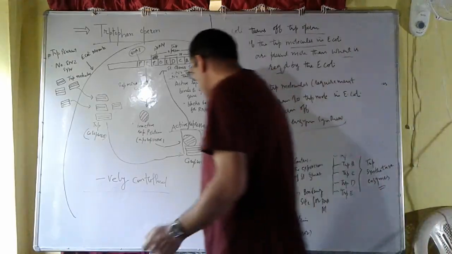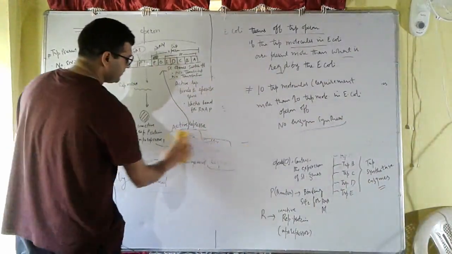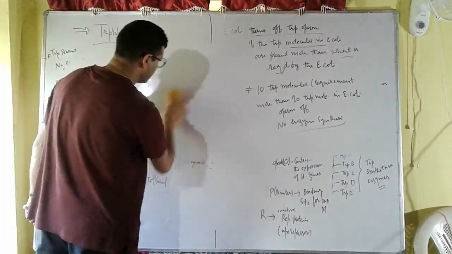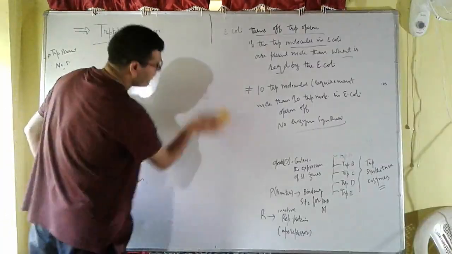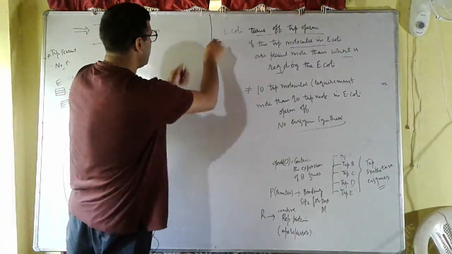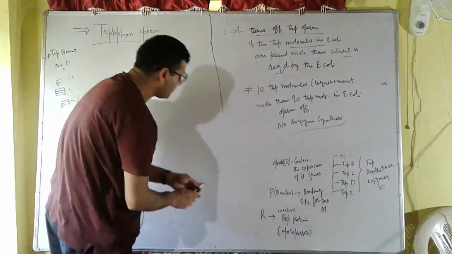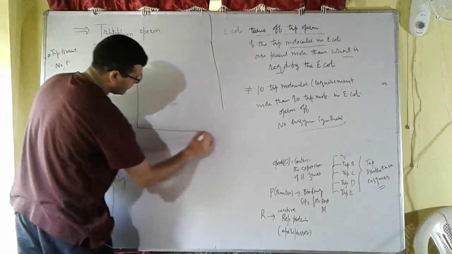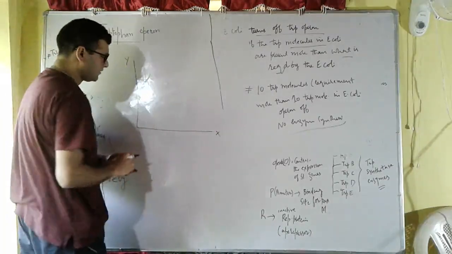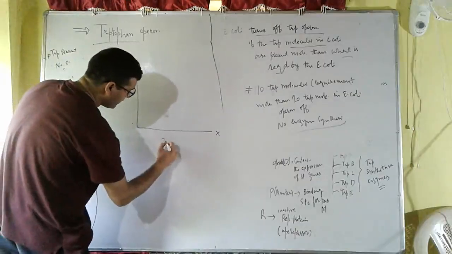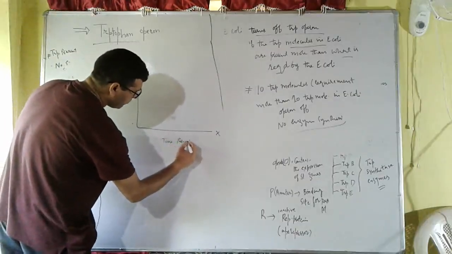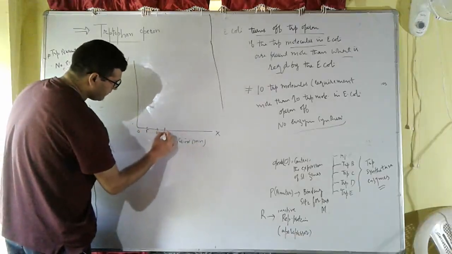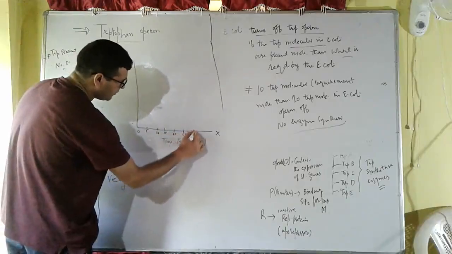This tryptophan operon can be explained by means of a graph, showing how tryptophan addition decreases enzyme activity. I will explain this statement with the help of a graph. We have an x-axis, which is horizontal, and a y-axis. We take a time period in minutes: 0, 5, 10, 15, 20, 25, 30.